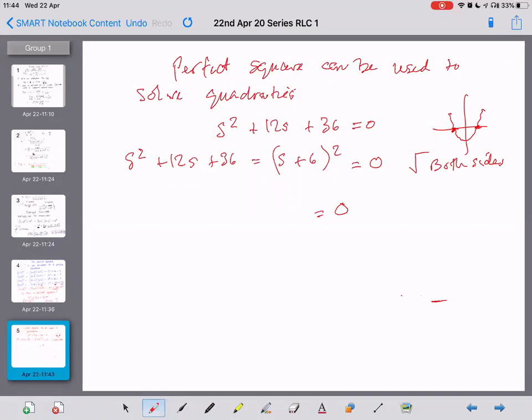The square root of s plus 6 squared is s plus 6. Agreed? Therefore, s is equal to minus 6. One solution. So that function sits on the x-axis. It's only got one root.